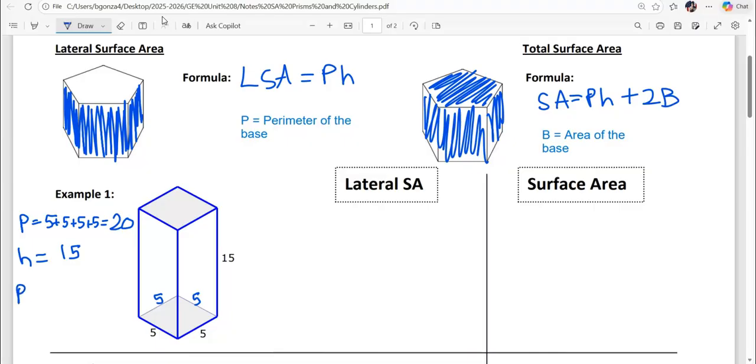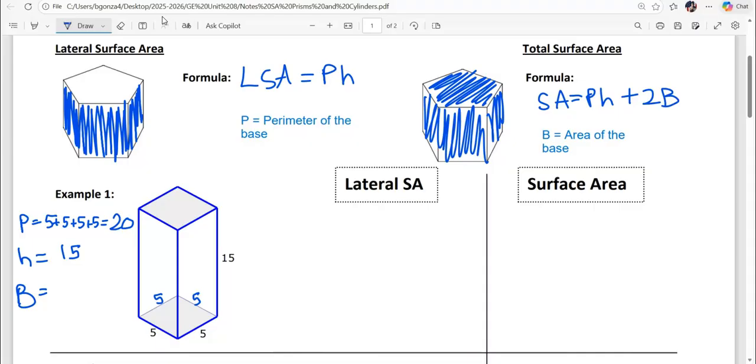Okay, now here's where you got to do some thinking. Big B. What does big B stand for again? Area of the base. Now, how do I find the area of a square that's 5 by 5? I'm not adding them up. That was perimeter. What do I do with 5 and 5 to find the area? Multiply. Length times width, or base times height, however you want to say it.